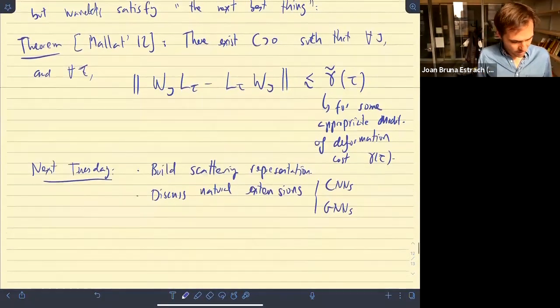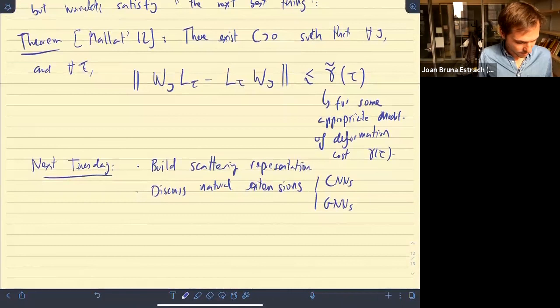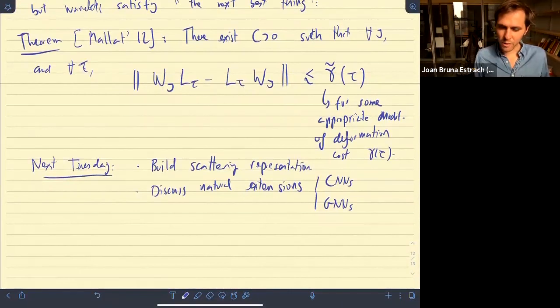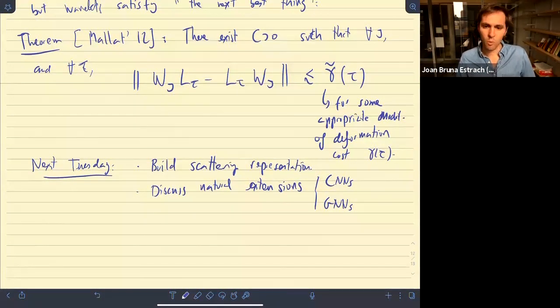That's going to be basically the last lecture on Tuesday, and then next Thursday we are going to wrap up the course by discussing some open problems and future directions. So I'm going to stop here.